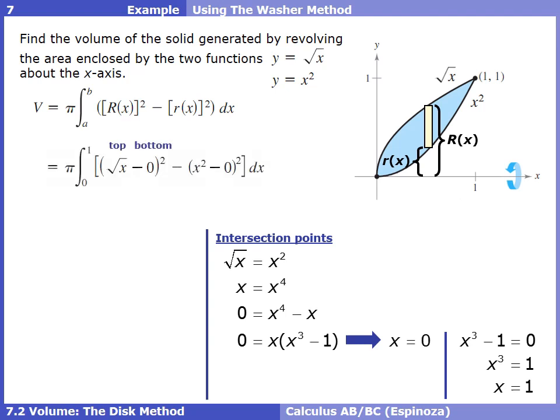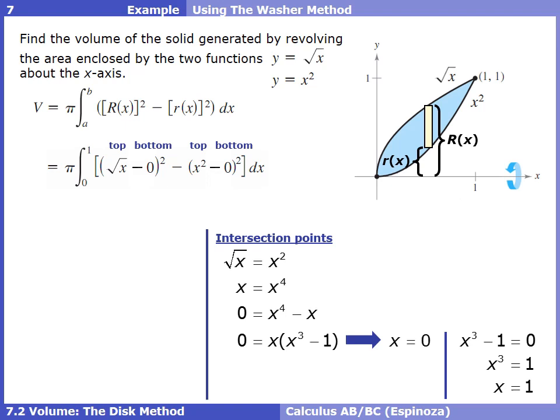The bottom of big R, which is represented by this bracket, is touching our axis of revolution, which is again 0. So big R, not too bad. Same thing for little r. This bracket that I'm using to show the length of little r, the top of it is touching the bottom of our representative rectangle, which corresponds to the function x squared. The bottom of this bracket for little r is touching the, again, axis of rotation, which is again 0.